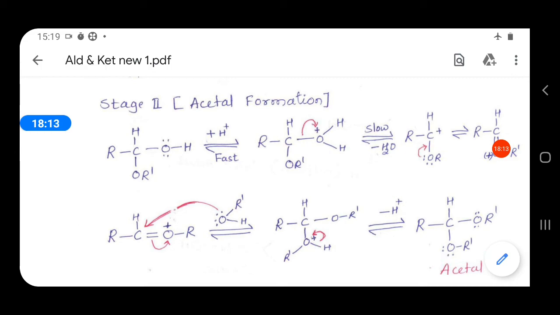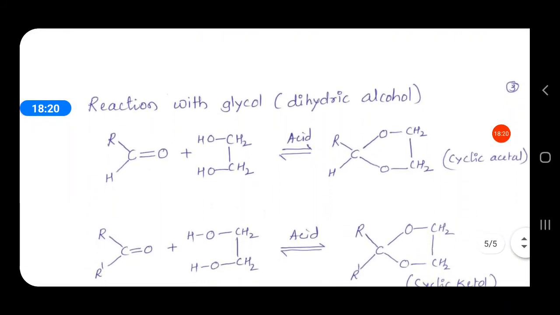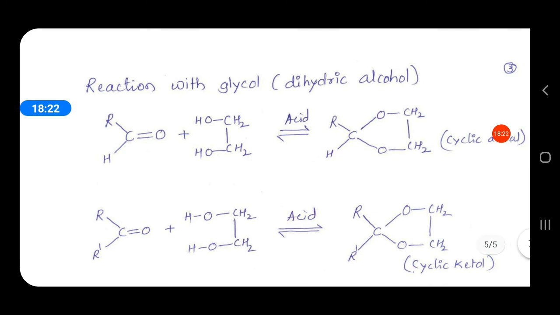So now these acetals are stable compounds. The acetal formation is an example of nucleophilic addition with a monohydric alcohol.